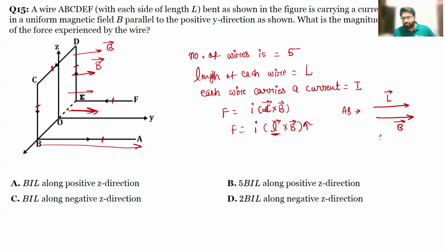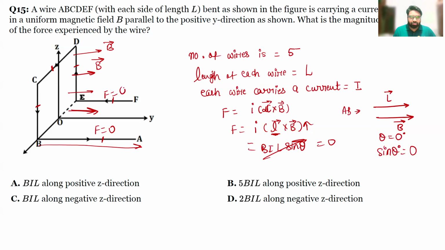So the angle between them will be 0 degrees. If you open the expression, it becomes BIL sine theta. Theta is 0, so sine 0 is 0, and this force will become 0. So on wire AB, the force is 0. Similarly, for this one, theta is 180, and sine 180 is also 0. So for wire EF it is also 0.